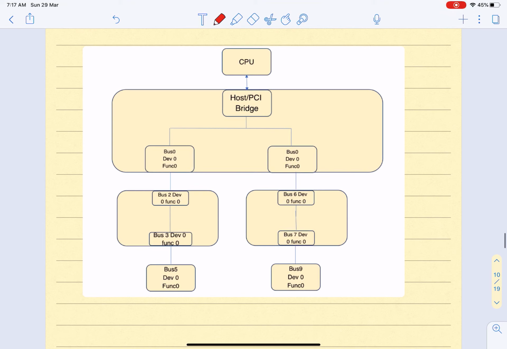Okay, just how it works, we will just understand. So here, the host has initiated an enumeration process. The host configured that bus, device, functions and the bridge devices here, and identified the location of the PCI devices.